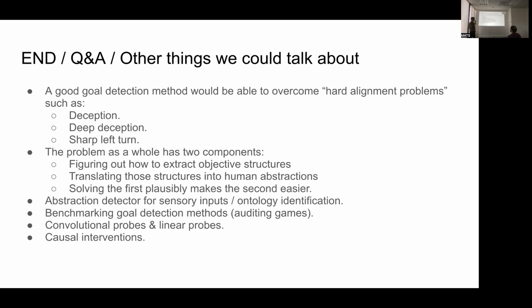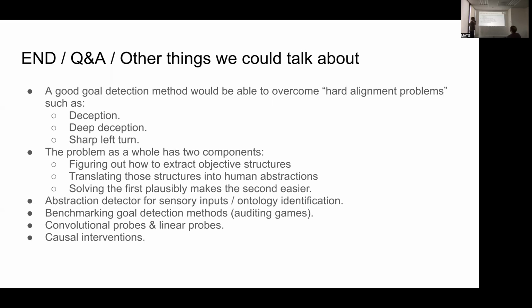The problem as a whole has two components. One is figuring out how to extract goal objective structures. Then we want to translate these goal structures into human interpretable abstraction so that we can know this goal structure is pointing towards this outcome in the world.